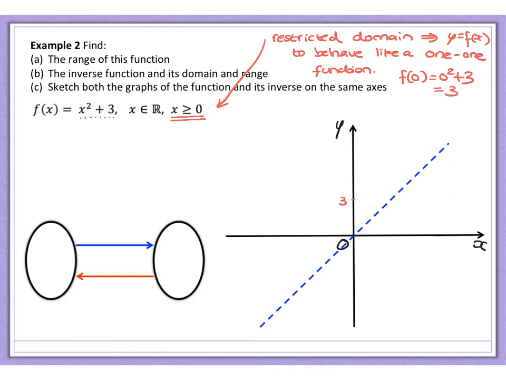So the original graph will look like this. So there's y equals f of x. Now its range is very clearly y is greater than or equal to 3. We can see that from here.